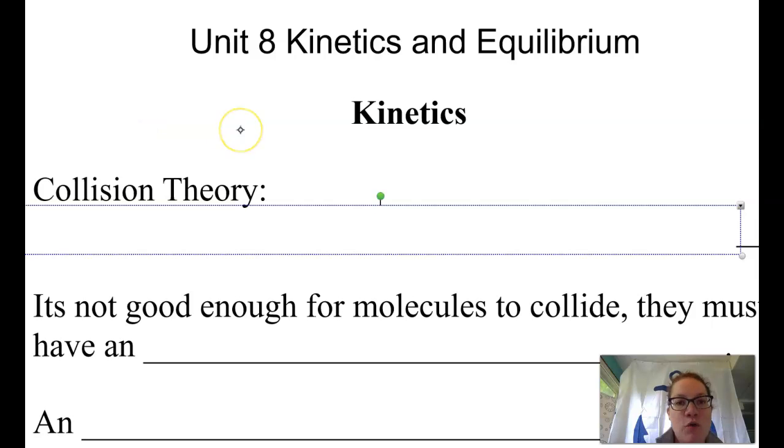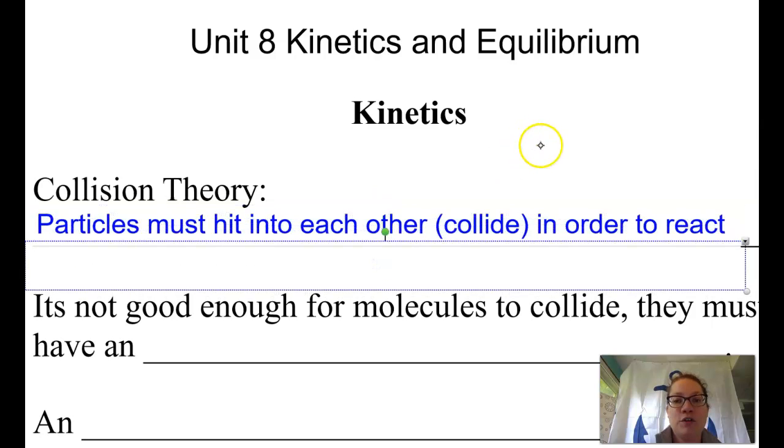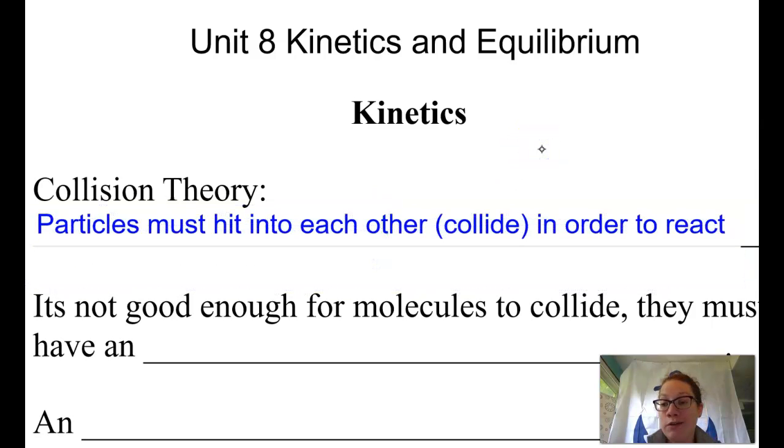You should know that this word collision means that the particles are going to be hitting into each other. All right, so collision is just a word in English that means that things collide or hit into each other. So collision theory says that particles must hit into each other or collide in order to react with each other.